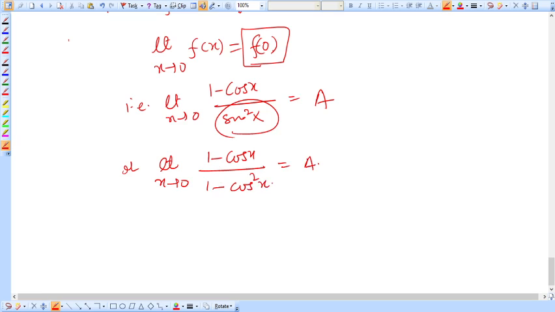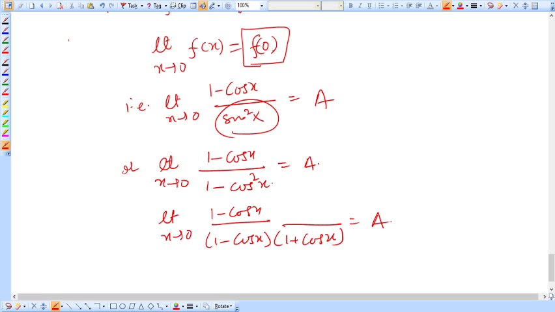Okay, so now we can write it as 1 minus cos x into 1 plus cos x, right? So it is equal to a. Now cancel this and put value x equal to 0 here, you will be getting 1 by 2, so this is the value of a. Okay, in this way we can solve this. Okay, in this way we have found out the value of a.